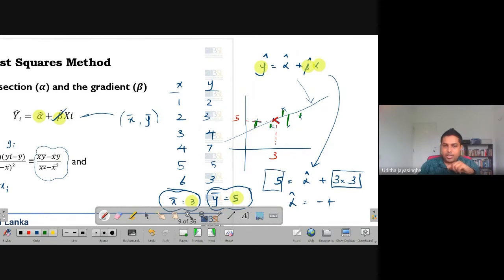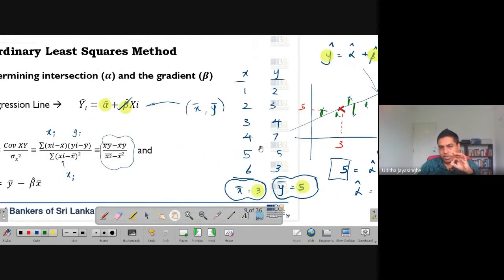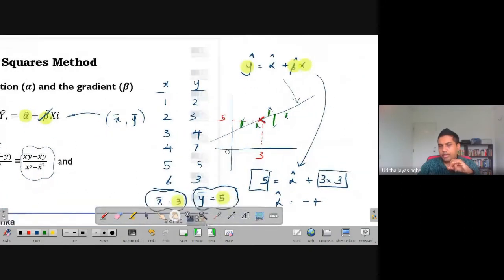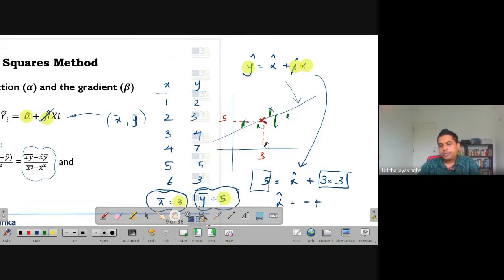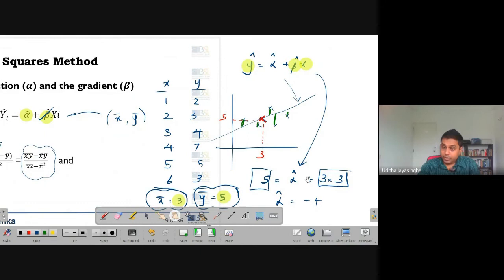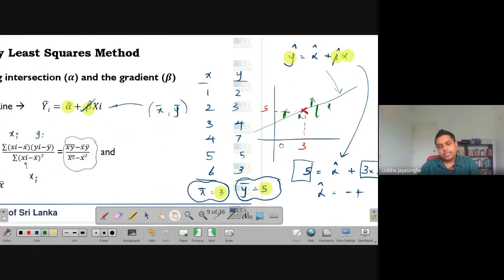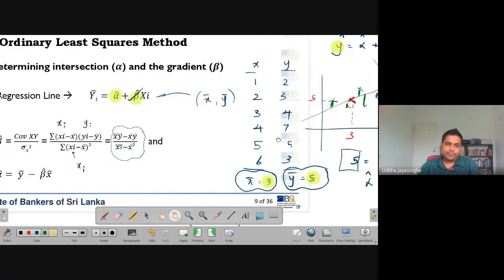For that model, once we use the covariance and variance to calculate the beta, we are going to assume that the average point, x bar and y bar, lies on this best fitting line. If that is the case, for that point, if you substitute the values of x bar and y bar and the already calculated beta, you can easily calculate the alpha.